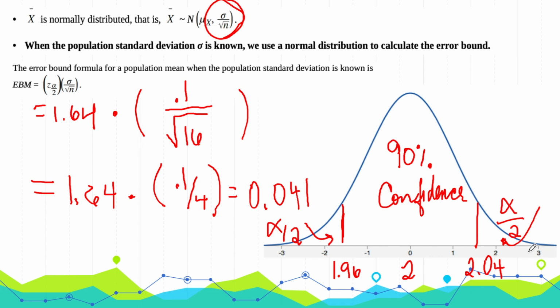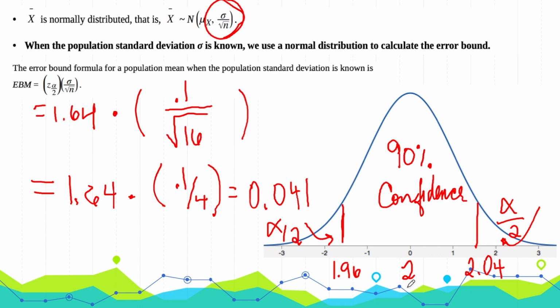Before we write out our interpretation formally, take one more look at this graph. Do you understand what's happening? We have 90% of our area under the curve, here in the center, symmetrical about our given mean, which was 2. And we're saying that we are 90% confident that the true population mean of the weights of candy bags lies somewhere between 1.96 ounces and 2.04 ounces.